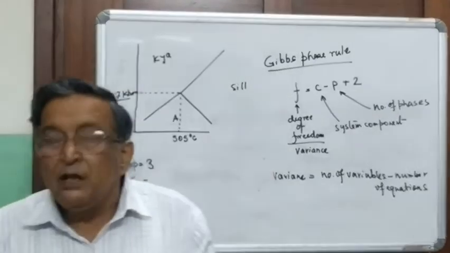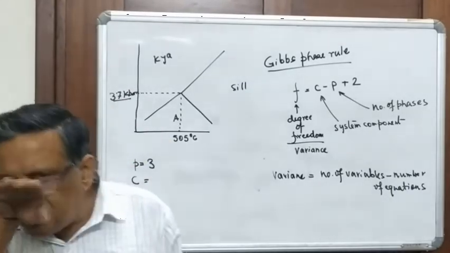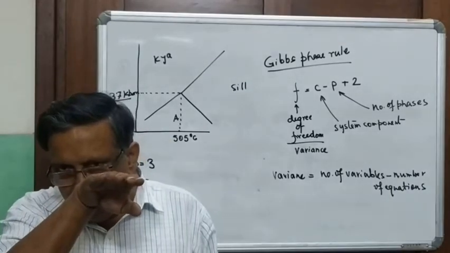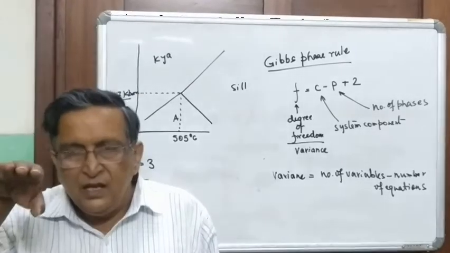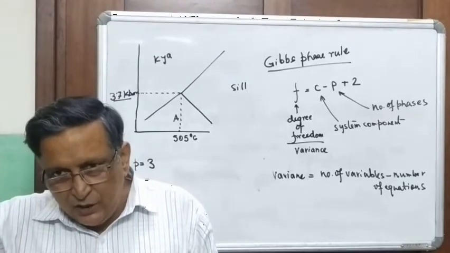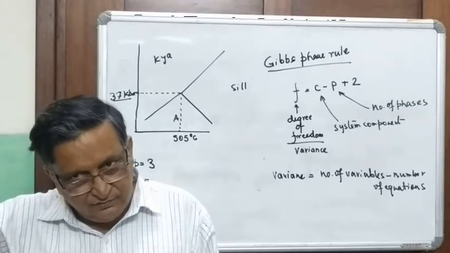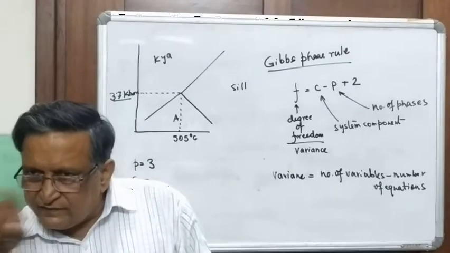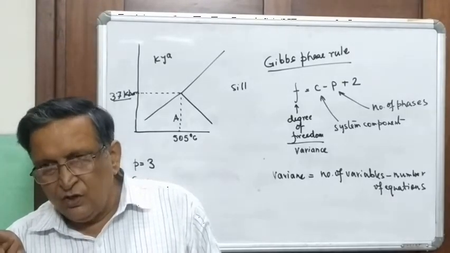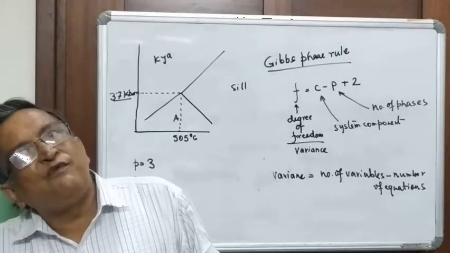So there are two questions. What is the variance of the triple point where kyanite, sillimanite and andalusite coexist? Is one question. And the other question is, what is the variance of the triple point in the Al2SiO5 phase diagram?